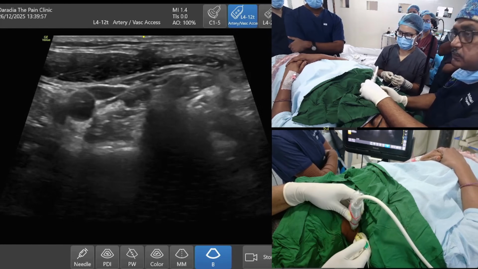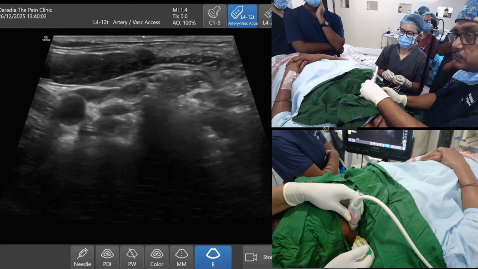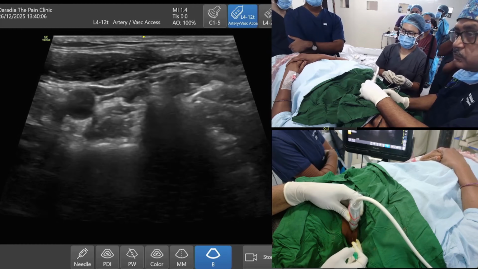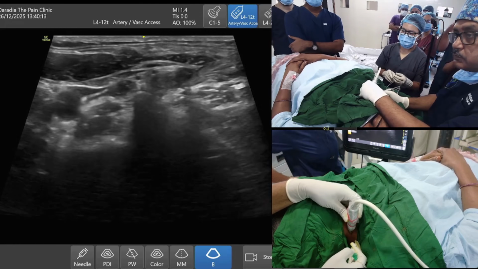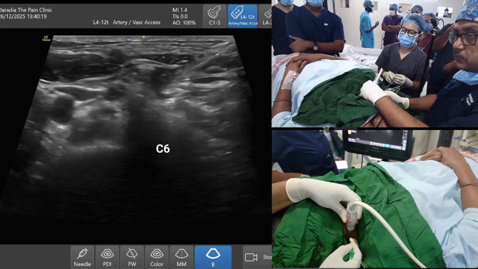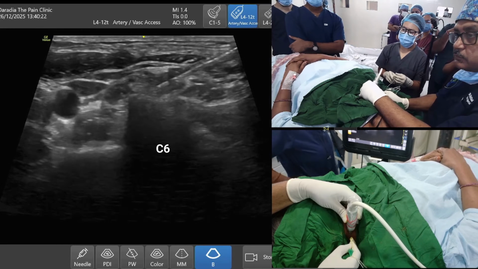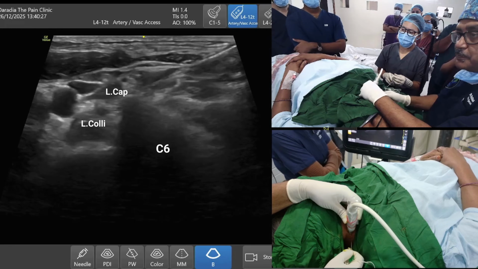We will insert the needle and advance it until the needle tip is visualized just above the longus colli muscle. So I'm hitting the tubercle, the anterior tubercle.